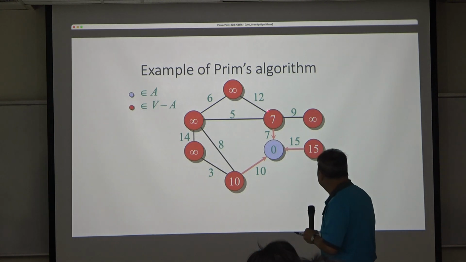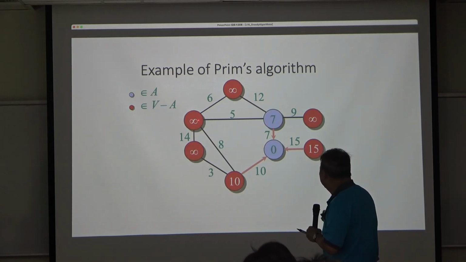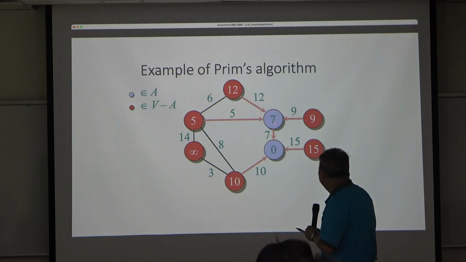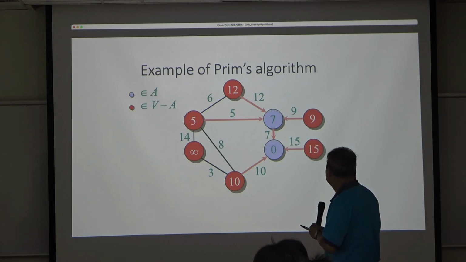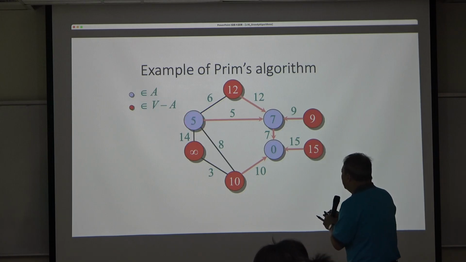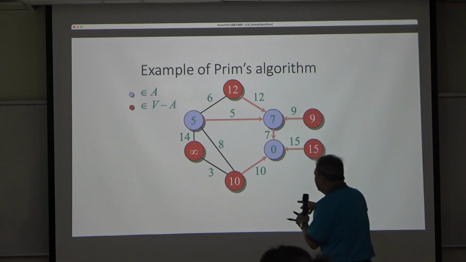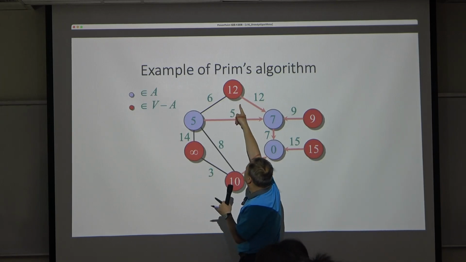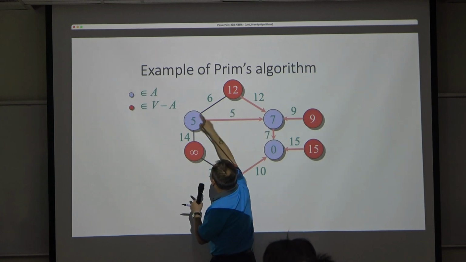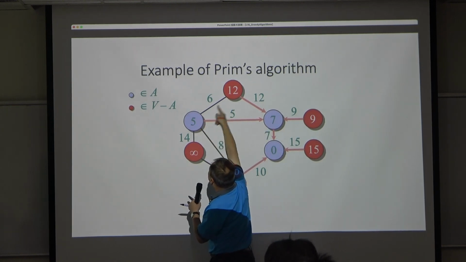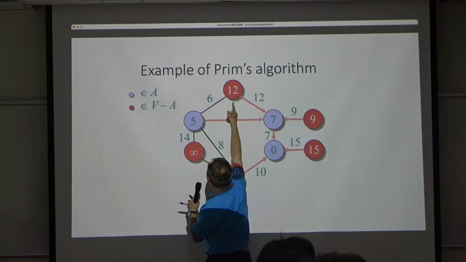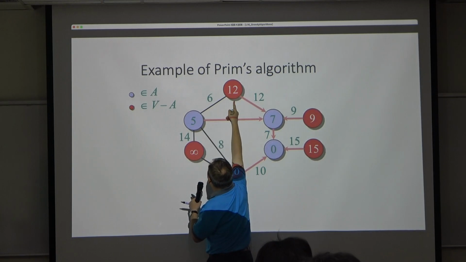So next, as I said, 7 will be picked. We update these values, and we make 7 the parent of these 3 nodes. And then you can see the next one we're going to pick is 5. Once you pick 5, because this one's original parent is 7, but now this edge is cheaper than the key, you are going to make this key 6.